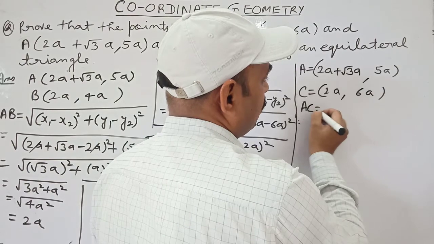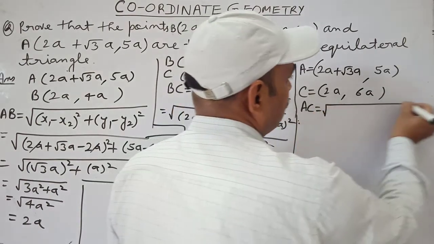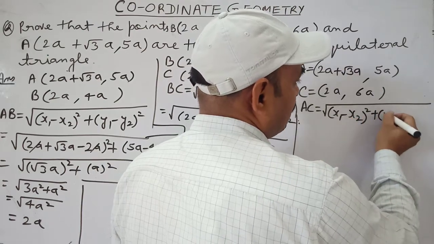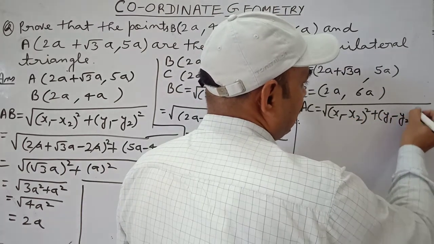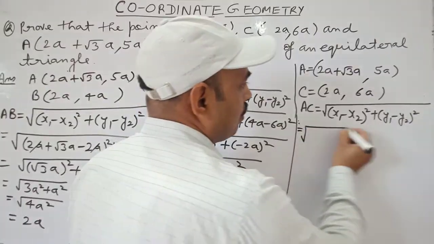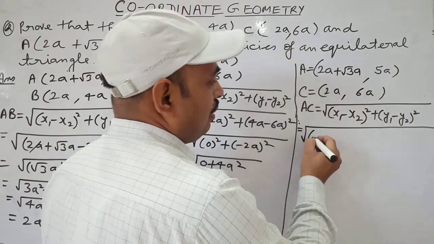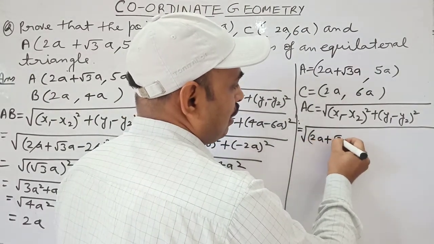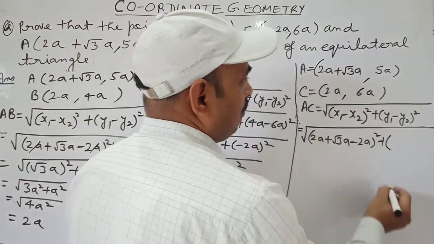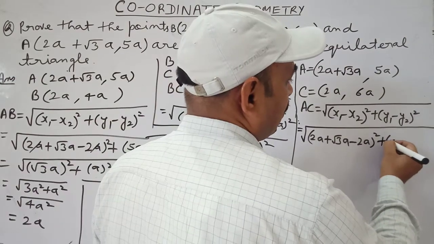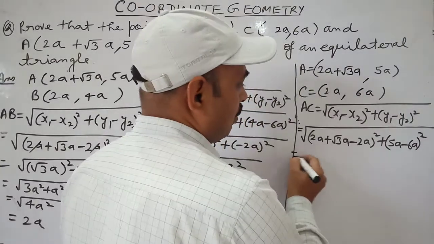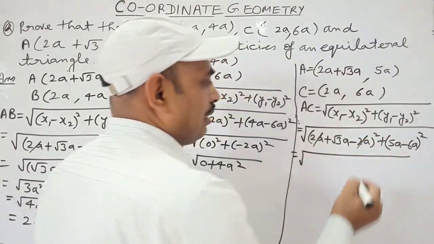So AC equal to root of (x1 minus x2) whole square plus (y1 minus y2) whole square. What is x1? x1 is 2a plus root 3a. What is x2? 2a. What is y1? 5a. What is y2? 6a. 2a will cancel, minus 2a.